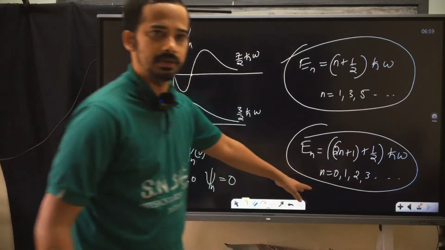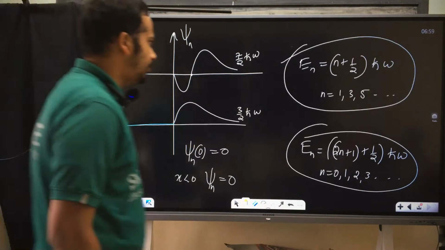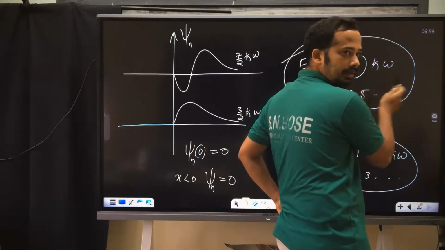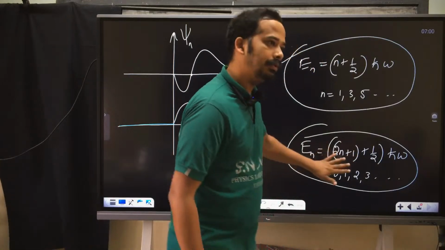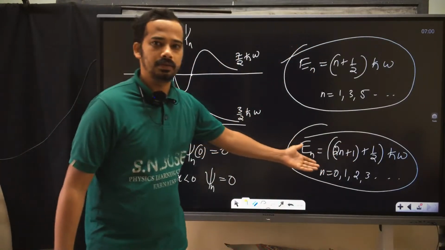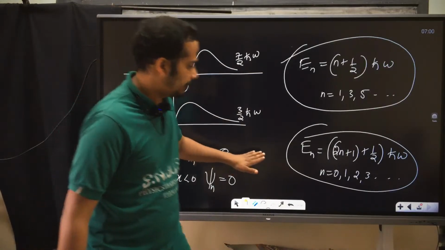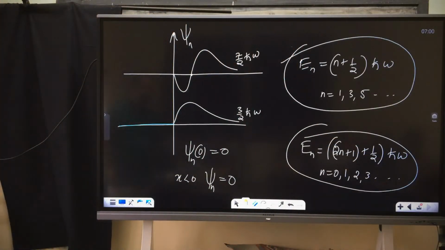Start n with 1. That's the difference. Here we see the full harmonic oscillator and we restrict, we pick. But here we want to write the energy for this one, so we want to run n over all integers.